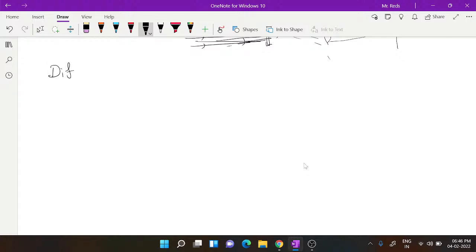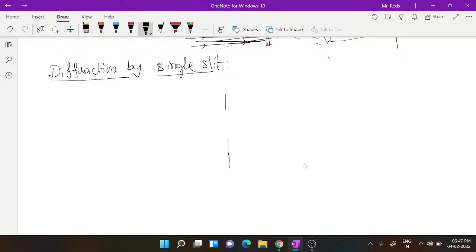Diffraction by a single slit. That slit or aperture, anything you can say. If you take a linear slit, something like this, for understanding purposes we will represent it a little larger in size, but it will be very small in size.